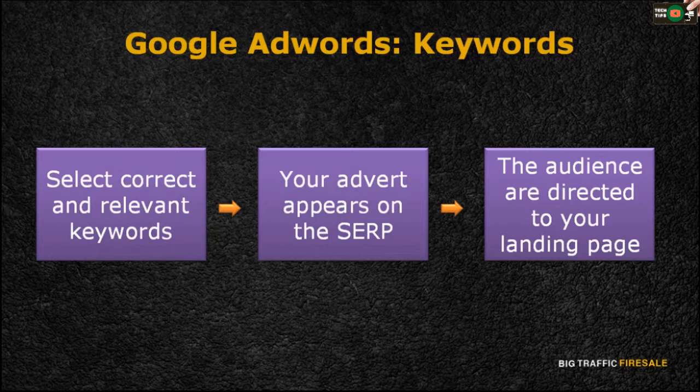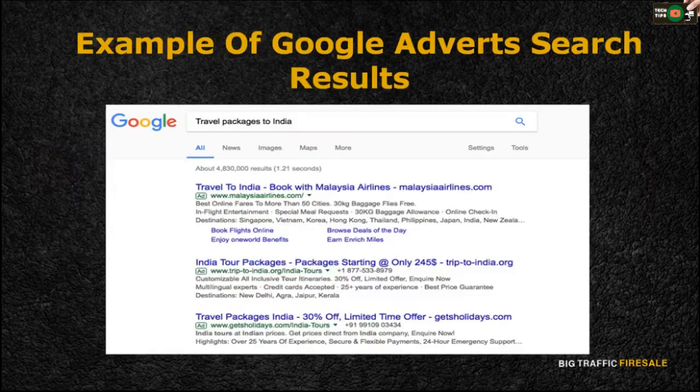Then you create an advert that will appear on the SERP based on the keywords. Let's illustrate an example. When a person searches for travel packages to India on the search engine, adverts may appear alongside the search, either at the top or on the right-hand side of the SERP. Organic search results will also appear amongst the ads.